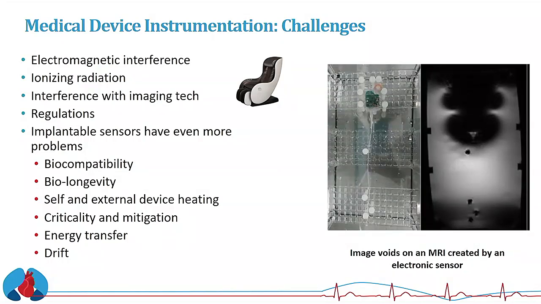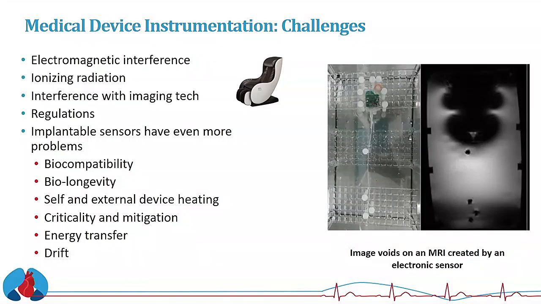So one really bad problem in the medical environment is electromagnetic interference. So you've got monitors and imaging devices and all other things out there while your patient's sitting in the ward, and you have to worry about that. How much is that throwing off your sensors' readings? So ionizing radiation is another one. Is your device going to be able to be imaged with X-ray and so on?